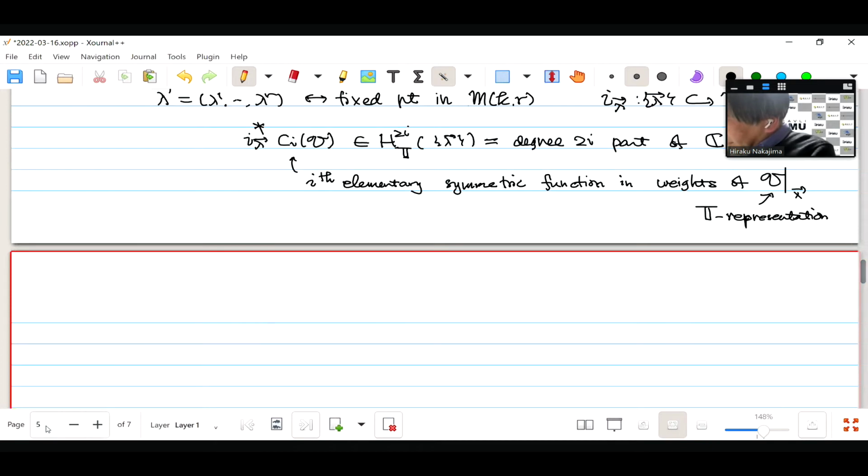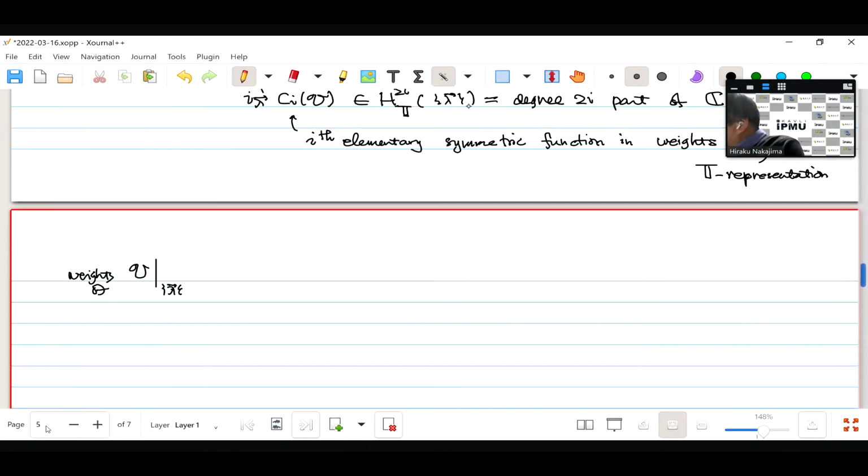And V restricts to weights indexed by a tuple of partitions. So the weights of V, maybe I don't use this very fine information, but somehow I just want to mention that.